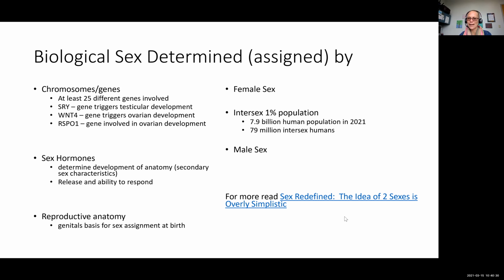And so right now, we have about 7.9 billion humans on our planet. So if you do the quick math there, that gives us about 79 million people who are intersex. So even though this is a small percentage, that's still quite a lot of individuals. So I will link in the video description an article, if you're interested, that gives a little bit more information on what is intersex.